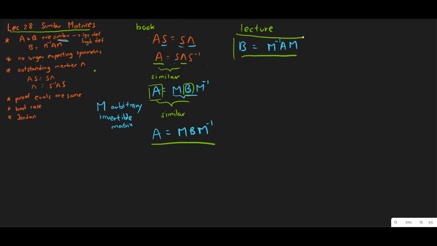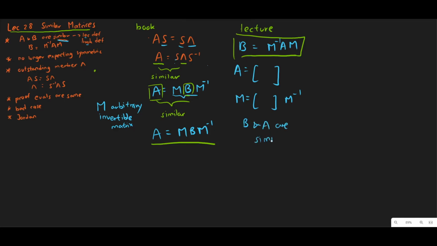Let me put a square there. So B is similar to A. If you start with A, some matrix, and then you have any arbitrary matrix M and M inverse, and you multiply them, you get a new B. And you say that B and A are similar.